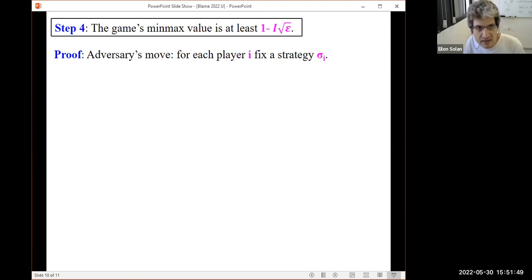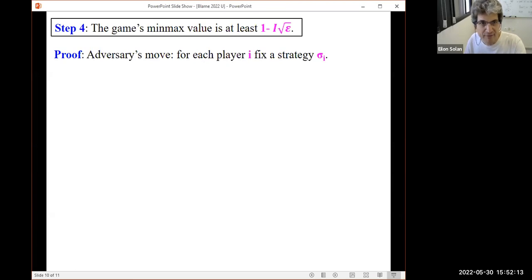So we fix the moves of the adversary. The adversary chooses for each player I a possible strategy sigma I. This is a strategy of the adversary in the one-shot game: a player, and for the player the strategy.